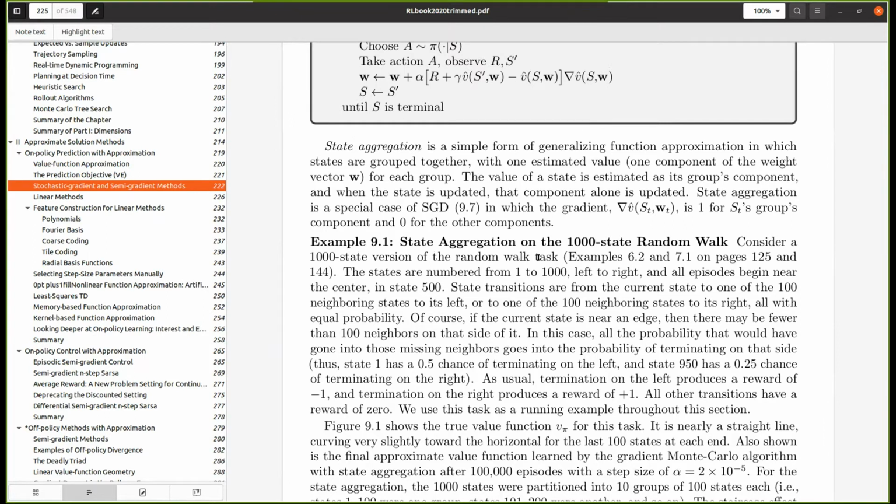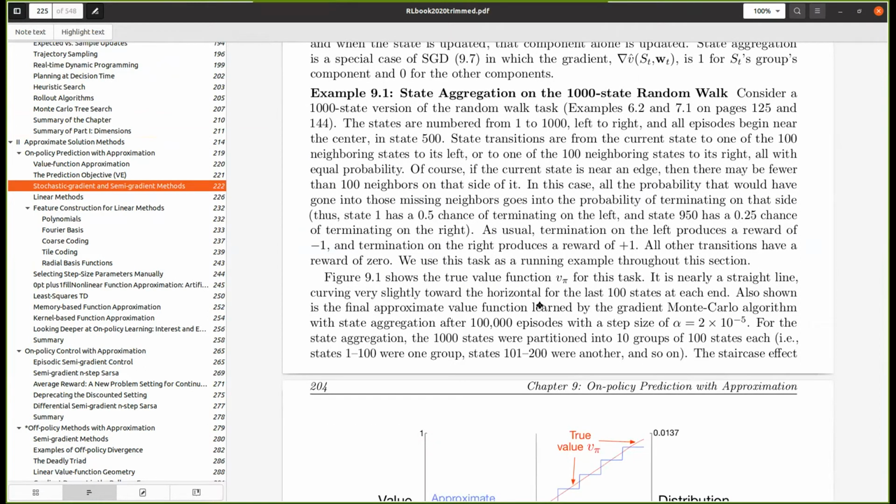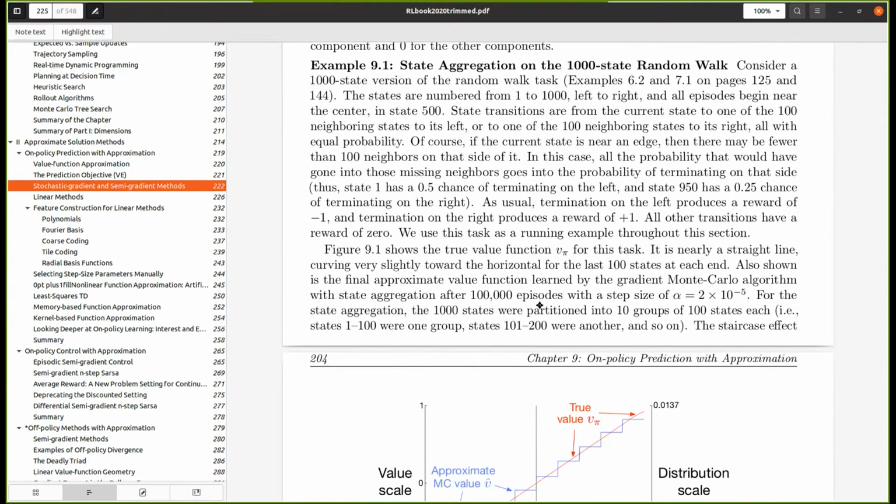In this case, we will just group states together into some predefined number of groups, and we will use a single value for each group instead of having a value for each state. The value of a group will be just an average of the values of states in the group. Again, we consider the random walk example, which we first discussed in chapter 6.2.